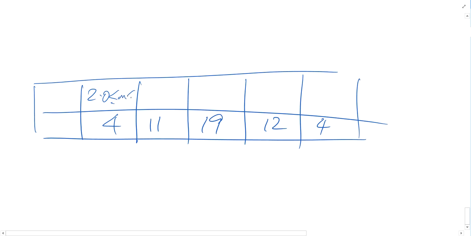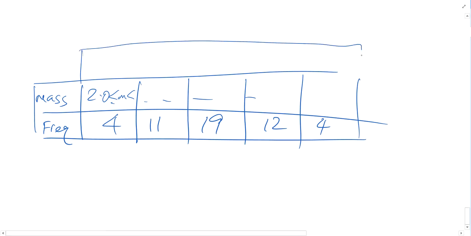Mass, frequency. Now in your table, I want you to include another row here. Just use your pencil, don't need a ruler, just draw it quickly. And put aside class mark.